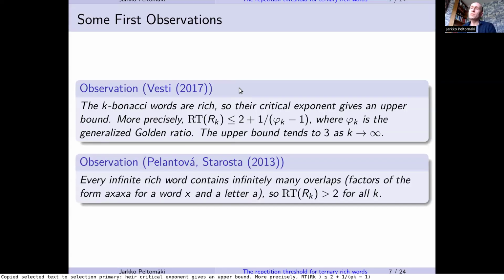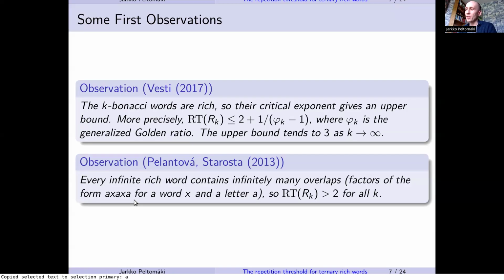And then there is a result by Pelantov and Starosta from 2013. They proved that every infinite rich word contains infinitely many overlaps. An overlap is just a factor of this form, where A is a letter and X is a word. So you have a square followed by a single letter, which gives a repetition that's a bit over 2.